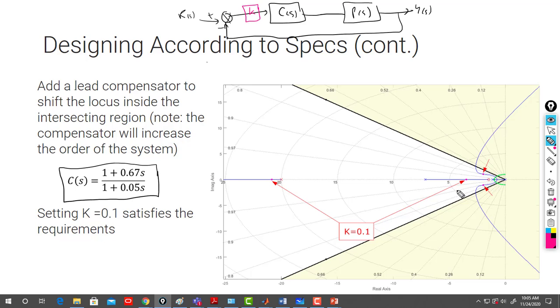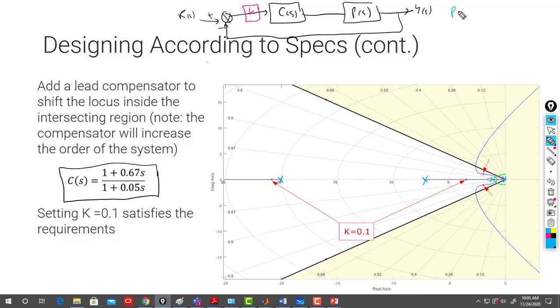So now, by looking at this system at K equals 0, if you want to analyze it, I have pole here, I have pole here, I have pole here, I have pole here. Well, I have 4 poles. Why do I have 4 poles?